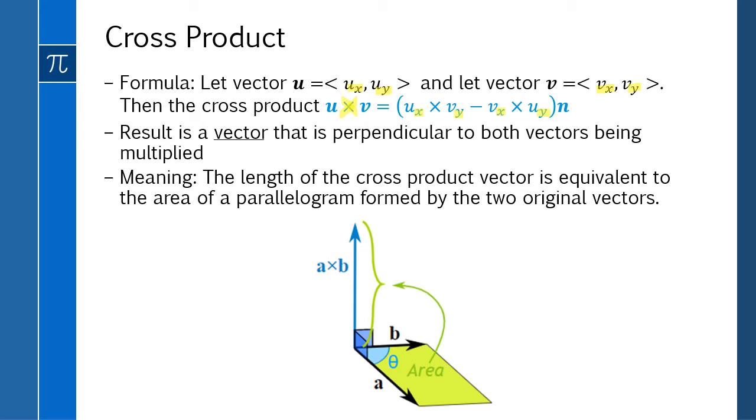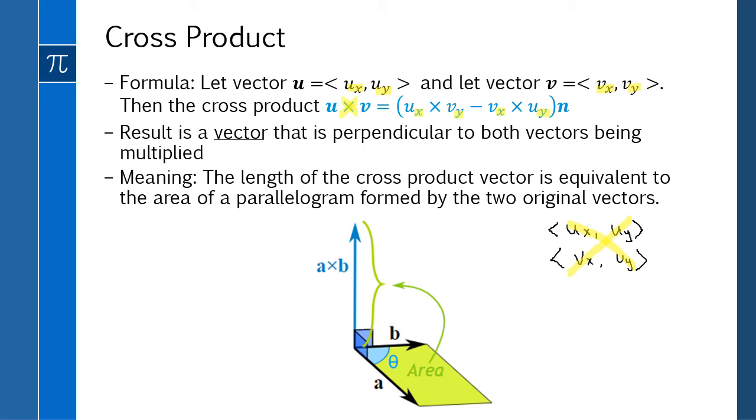This is easier to visualize if you write them out on top of each other. So you have vector u with its x component and its y component. And then underneath that you have vector v with its x component and its y component. So the cross product is the product of these two numbers minus the product of these two numbers.